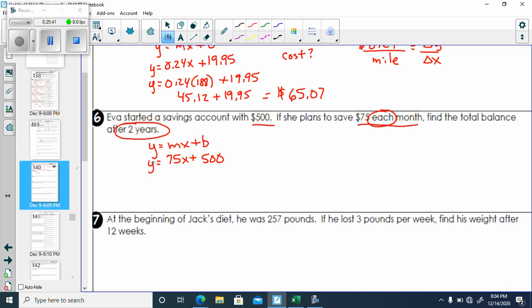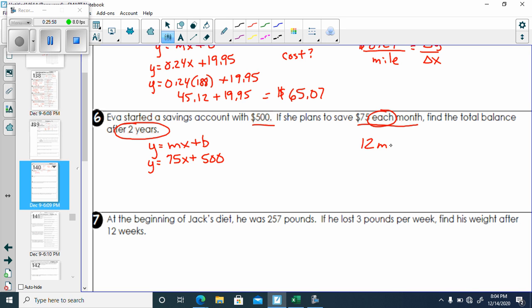Now, Y is the total amount she's going to save. They want to know how much she'll save in 2 years. Well, what is this rate in? $75 each month. These are years. Don't I need to convert this to months?